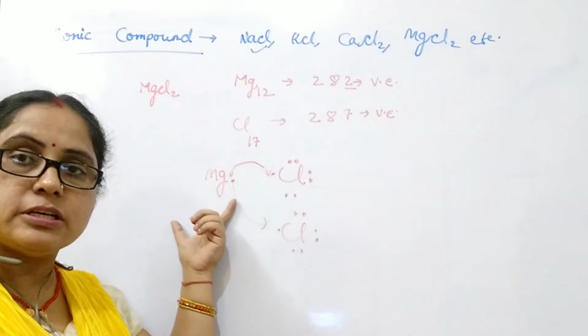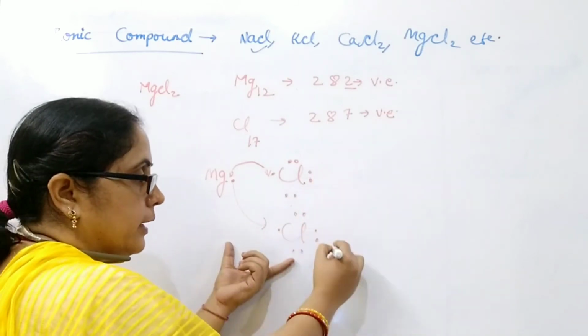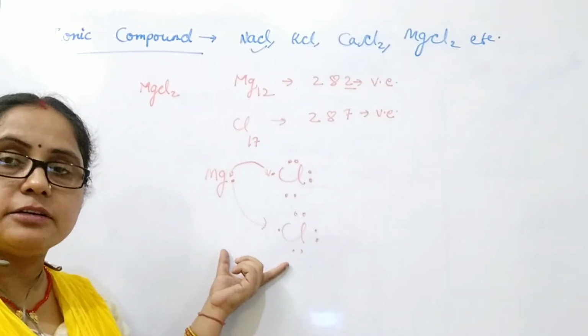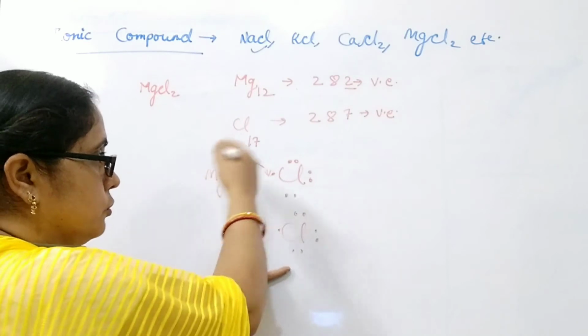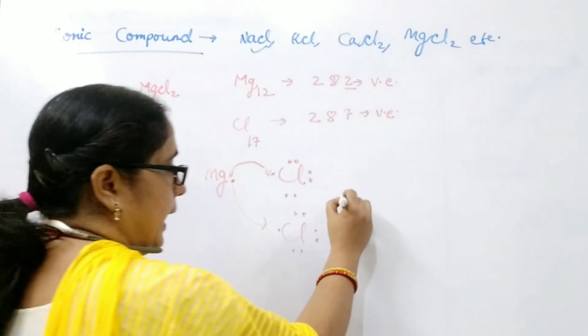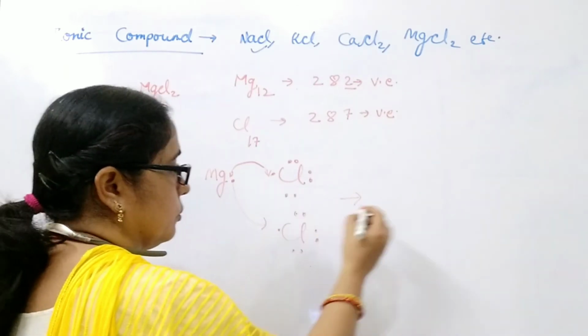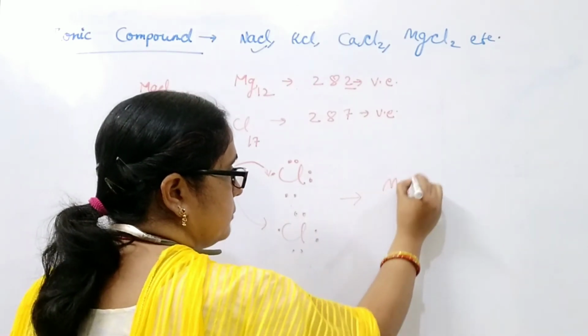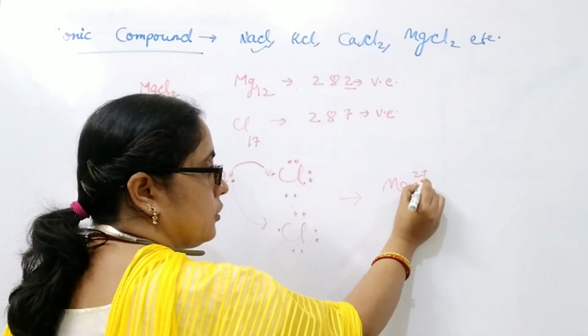It means magnesium reacts with 2 chlorine atoms, and when it does, it loses its 2 outermost electrons to the 2 chlorine atoms and changes into Mg2 plus by losing 2 electrons.